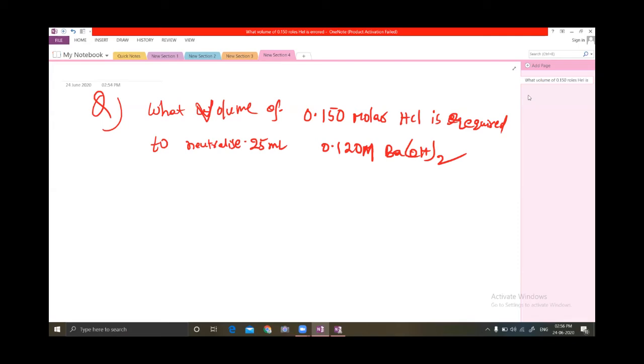No issue. Based on the question, you have to do volume. They're asking volume, so can we convert into ml? Yes, you can convert, sir. Can anyone do it, please?